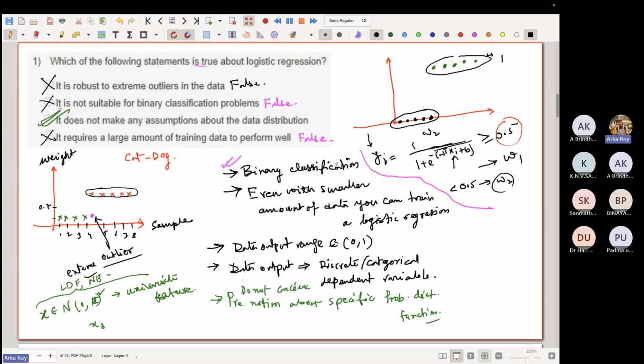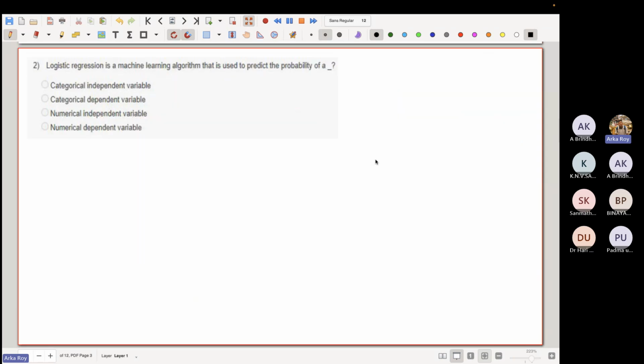Specifically, because we are dealing with a classification problem in logistic regression, the output would be either discrete or categorical data. So the output is a discrete or categorical dependent variable. Over here, you can see that we have a categorical dependent variable. Therefore, this is the answer for this particular question.